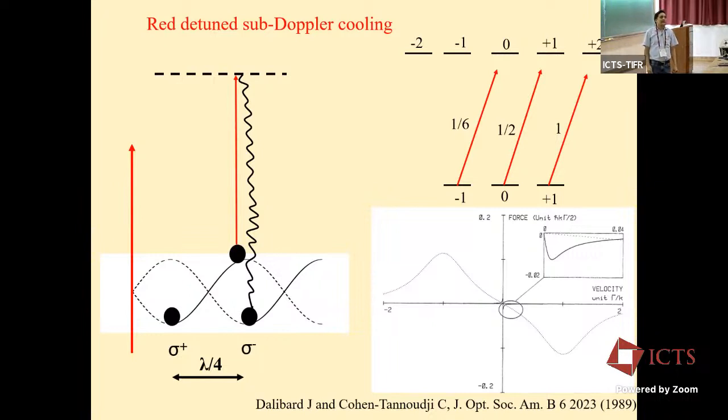However, it is said that type 2 transition with blue detuning can survive. However, what we are noticing here is that sub-Doppler cooling at type 1 and type 2, both are surviving in the MOT itself. That's the important point I want to make.